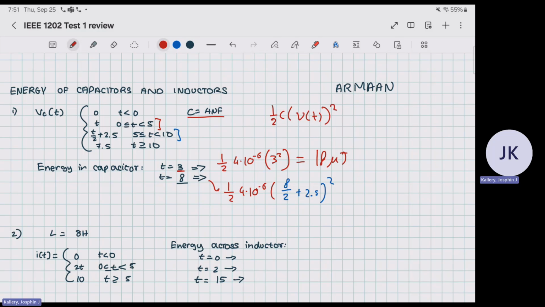So that's 8.45 times 10 to the negative 5, aka 84.5 times 10 to the negative 6. And remember, the 10 to the negative 6 is the same thing as microjoules. So this is 84.5 microjoules.